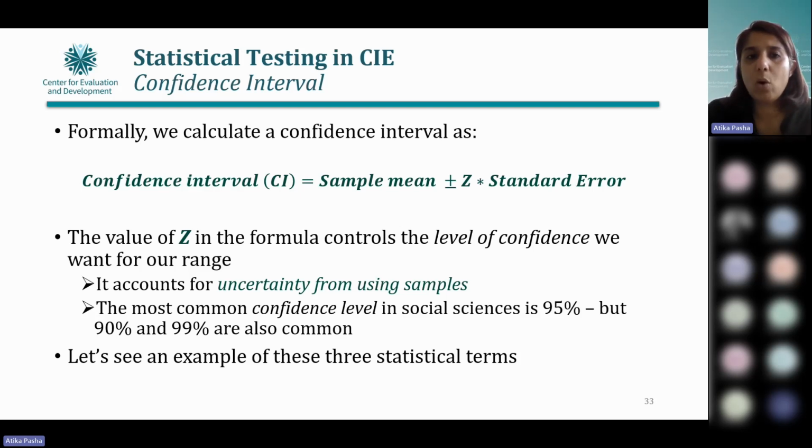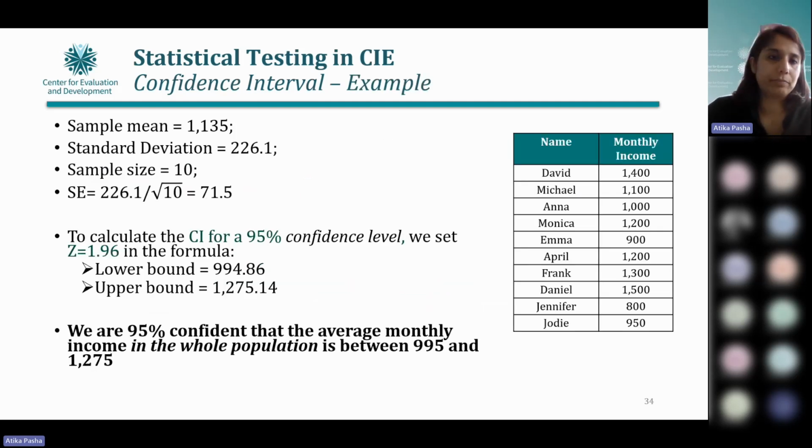So we've calculated all 3 of these in order to estimate our confidence interval, which is simply by taking Z times the standard error and first subtracting and then adding it to the sample mean. So the lower and upper bounds are 994.8 and 1,275.